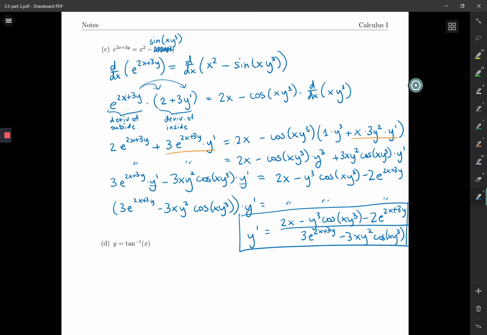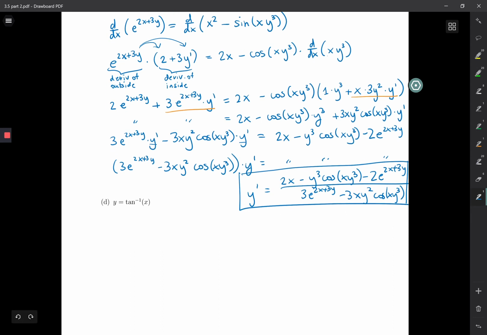So really, if you just break it down, it's just two steps, and the second step is just algebra, right? It's just solving for y prime. So I would say try to be very careful when you're solving these, because it is easy to make algebra mistakes. So just go slowly and make sure you're checking your work as you go.